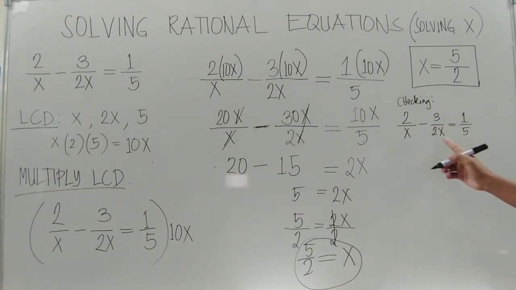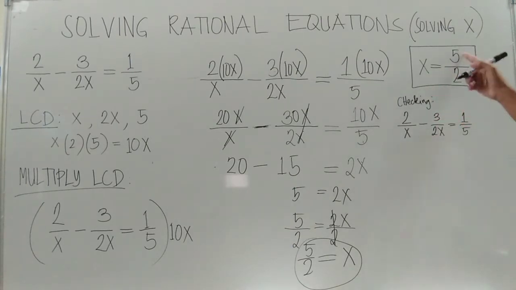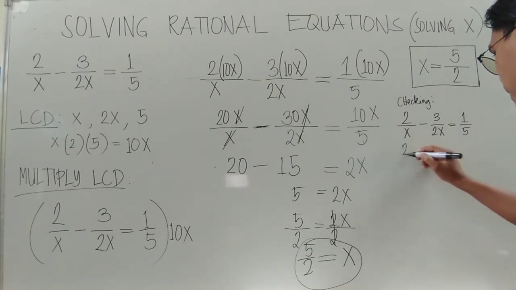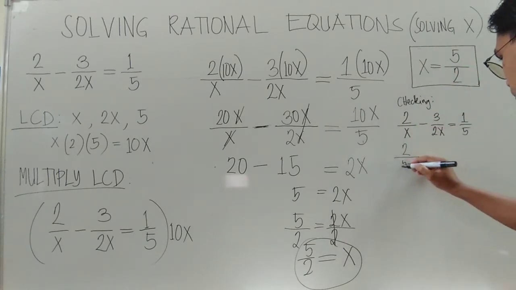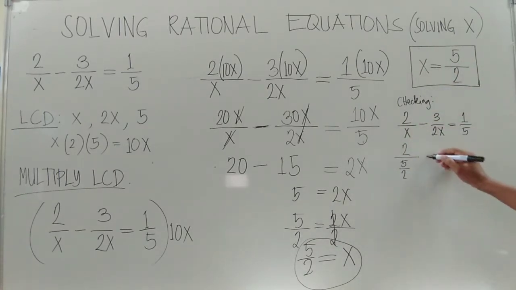Then we will substitute the value of x to prove whether x equals 5 over 2 is a solution or maybe not. So we have 2, copy your denominator, x will be substituted by 5 over 2, minus 3 over 2 times x, which is again 5 over 2. Then bring down equals 1/5.